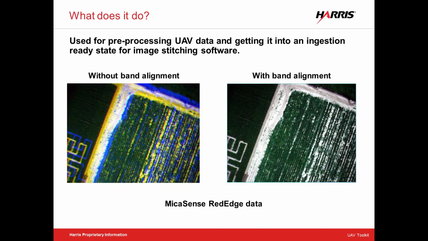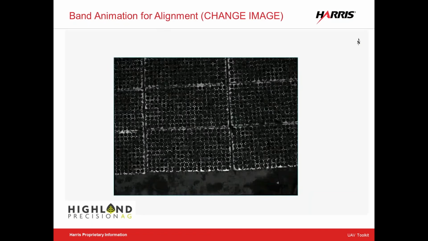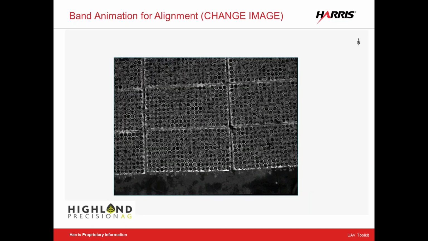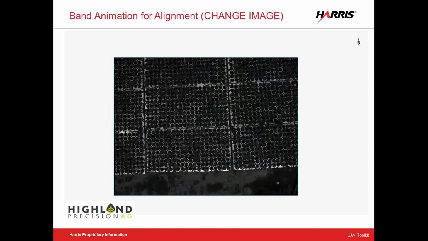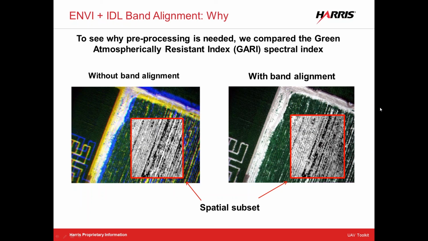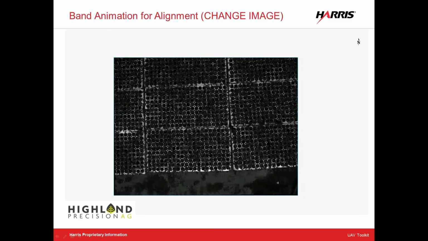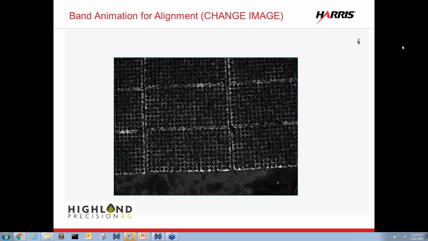And to illustrate things a little bit more, here's a band animation of how the band alignment looks. Sorry, I skipped through that. If you look down in the bottom right-hand corner, there's a leaf that should be bouncing around a little bit. I don't know how well you'll be able to see it over the webinar.